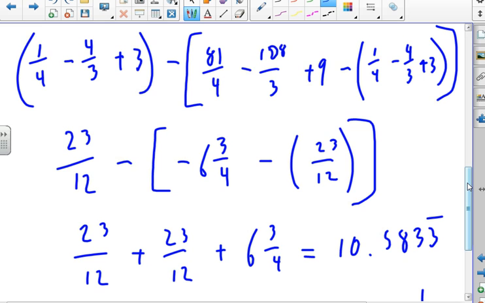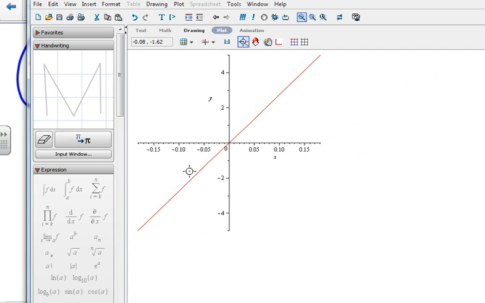It says it's minus 6 and 3/4. That's what it says. That's got to be negative. Okay, let's look at the graph. See what we're seeing wrong.